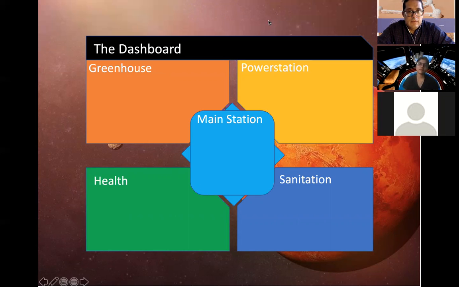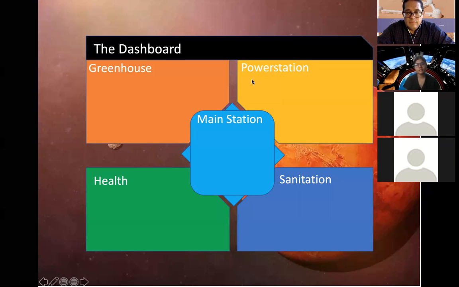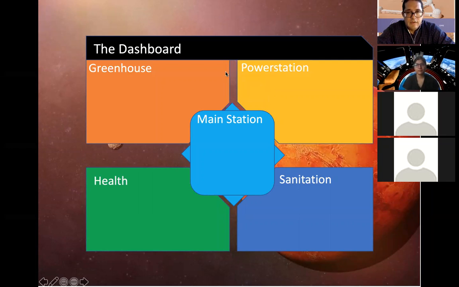In this dashboard it's possible to see some utilities, like the greenhouse and the power station. It's possible to control many dimensions of the operation of the habitat Marte, the Mars habitat.